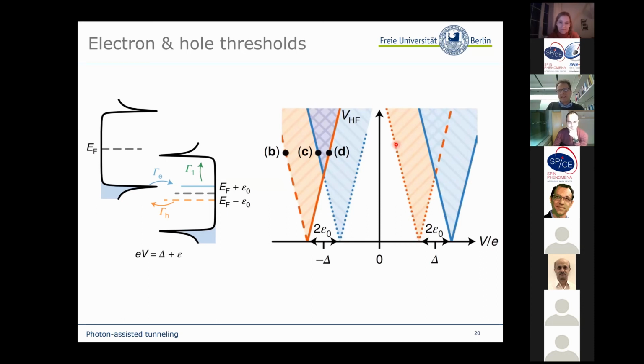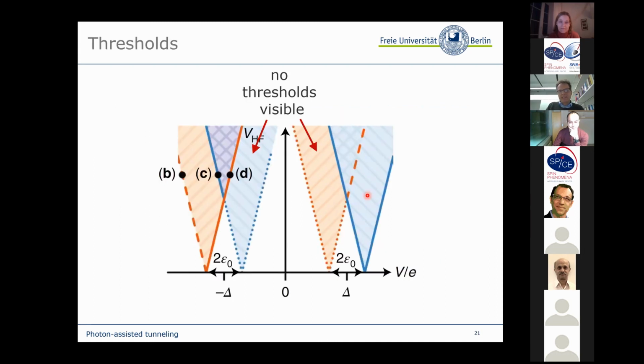Now, tunneling, of course, can only occur when both electron tunneling and hole tunneling are possible, and this is not the case in this region. There, only hole tunneling is possible, and it's not the case on the other side here, where only electron tunneling is possible. So we don't expect to see any visible thresholds in these two regions.